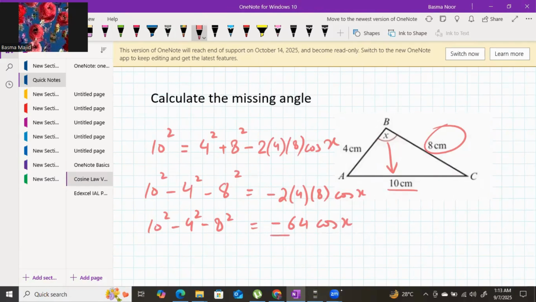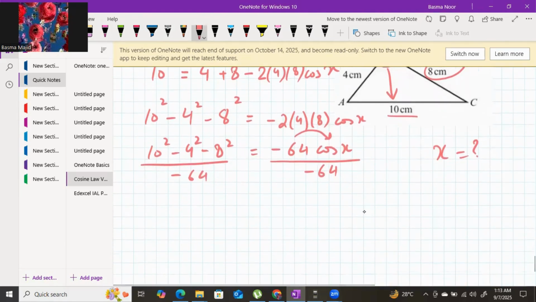Now divide both sides, since you have to find the x angle. Okay, so we're just gonna isolate the cosine of x now. I will remove minus 64, which is getting multiplied with the cos of x, so I will divide by minus 64 on both sides. So here minus 64 is gone, so cos of x is basically 10 squared minus 4 squared minus 8 squared over minus 64.